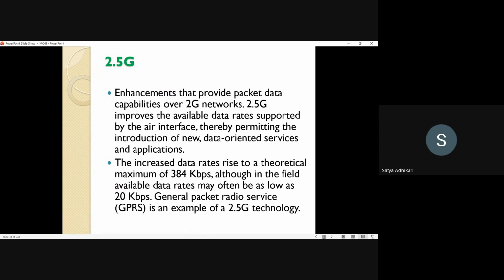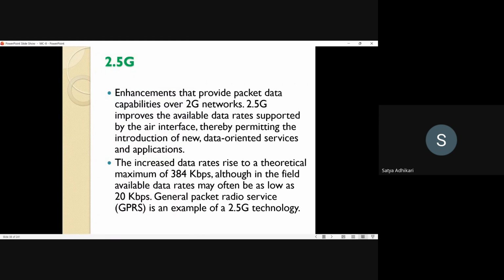Sometimes between the 2G and 3G network, another network which is better than 2G is known as 2.5G. It is not widely used, so we may not have heard about 2.5G, but it is an enhancement that provides packet data capability over 2G network. 2.5G improves the available data rate supported by the air interface, thereby permitting the introduction of new data-oriented services and applications.